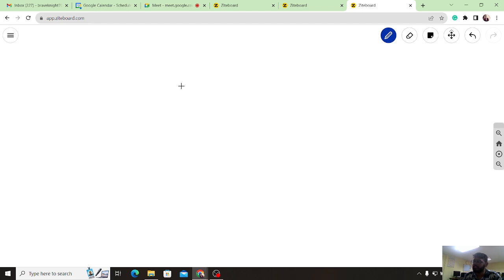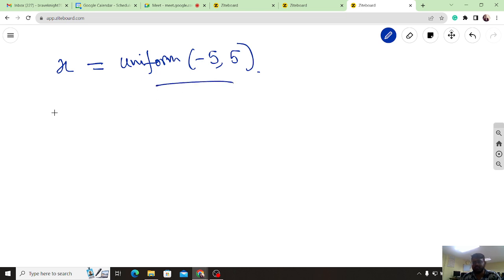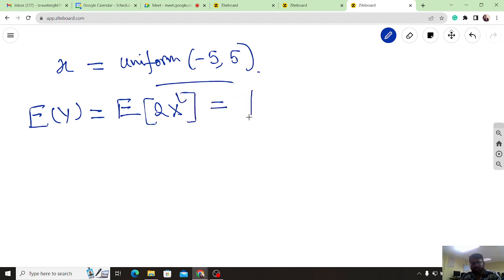So what is given here is that x has a distribution that is uniform between -5 to 5. So if I want to calculate the expected value of y, that is equivalent to calculating the expected value of 2x square, and then it is minus infinite to infinite 2x square f of x dx.